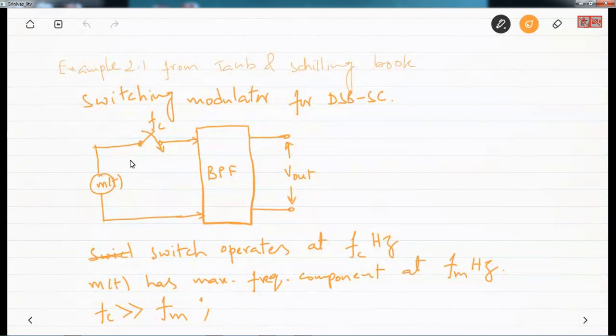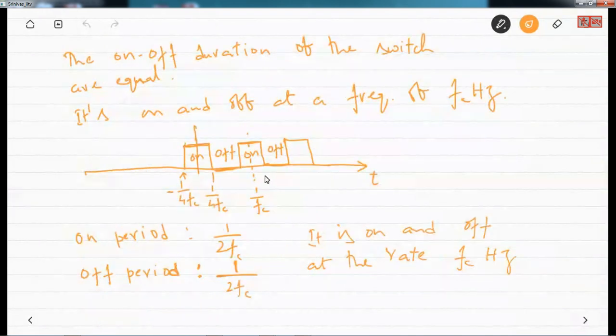So we characterize this switch. Now the question is, before showing whether this actually does the amplitude modulation, the double sideband suppressed carrier or not, let us see how we realize such a switch.